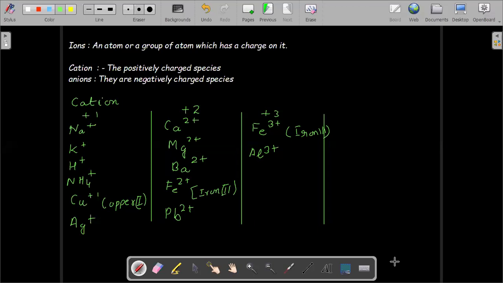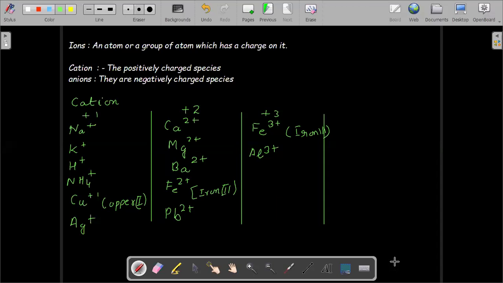For example, if I say magnesium ion, you should know that magnesium has a charge of +2. How many of you got magnesium having charge as +2?